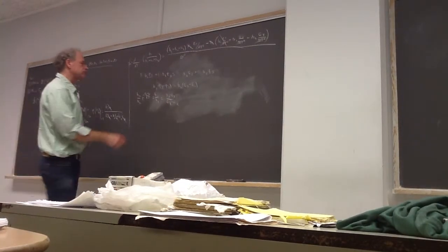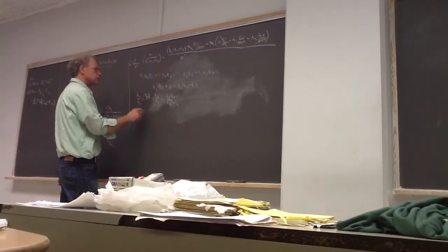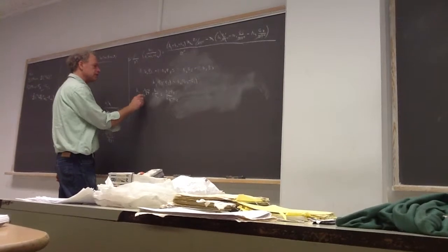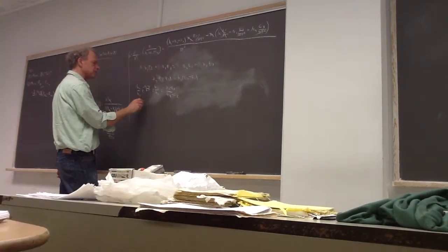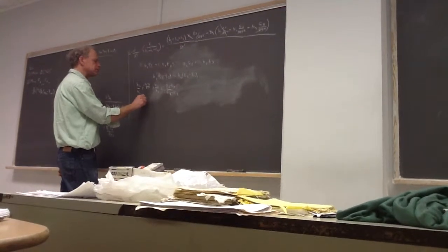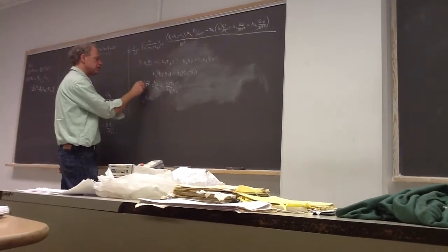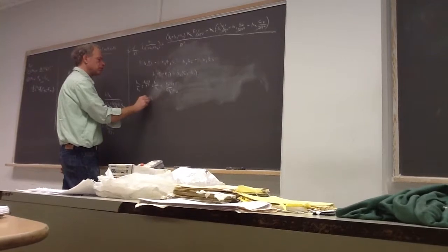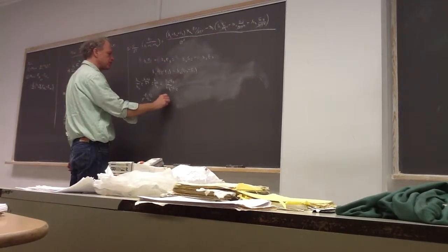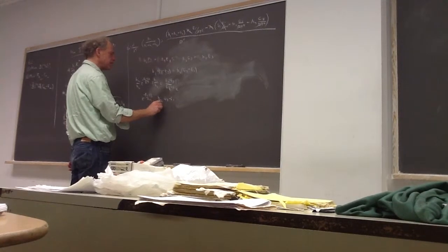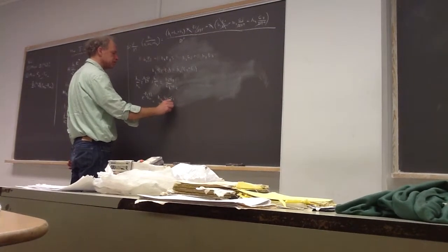Okay, so I can multiply this out and take the logarithm. Well, let's do one step at a time. I multiply out: e to the minus E2 minus E3 over RT is equal to K3 0 times E3 minus E1 over K2 0 times E1 minus E2.